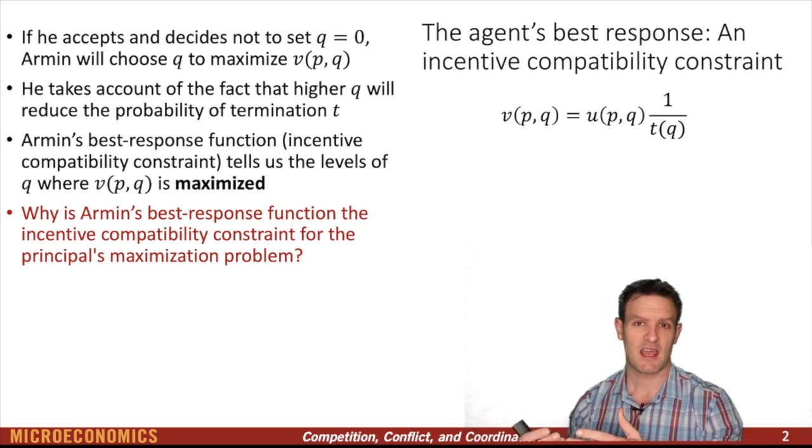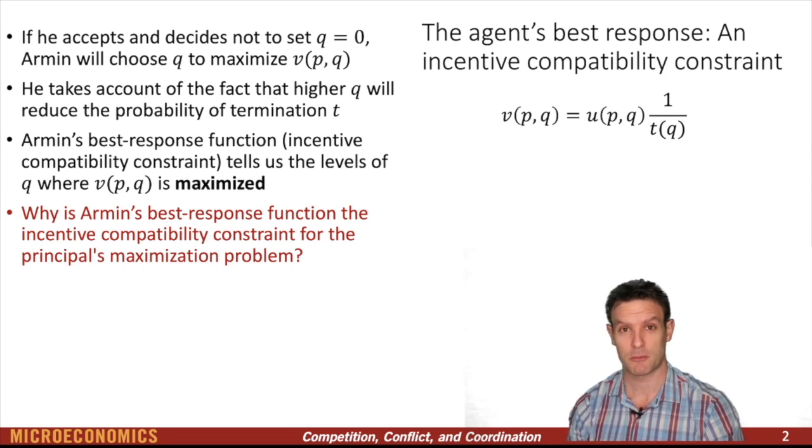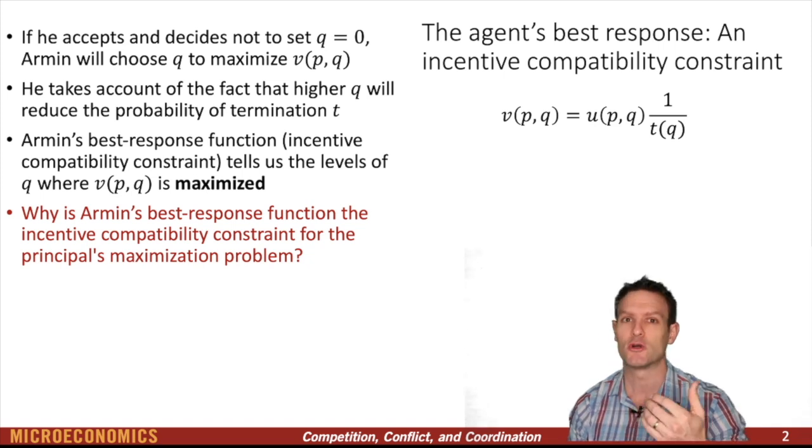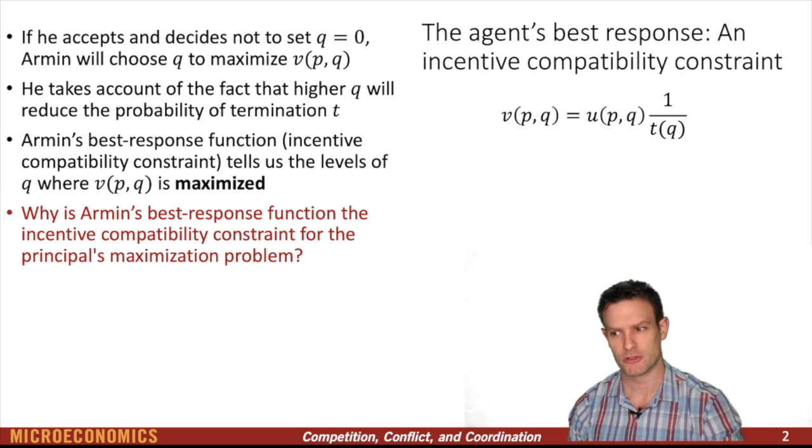But in this case, we talk about the best response function being the incentive compatibility constraint for the principal, because the principal is also going to go through a maximization process to try and maximize their profit. And we'll see exactly how that works later. So the incentive compatibility constraint, or Armin's best response function, is going to constrain what the principal can do.